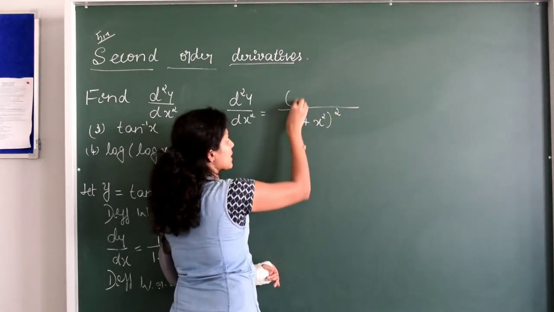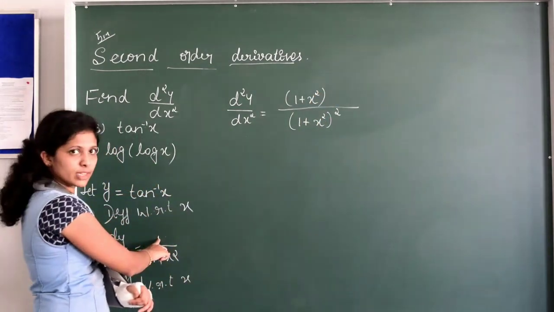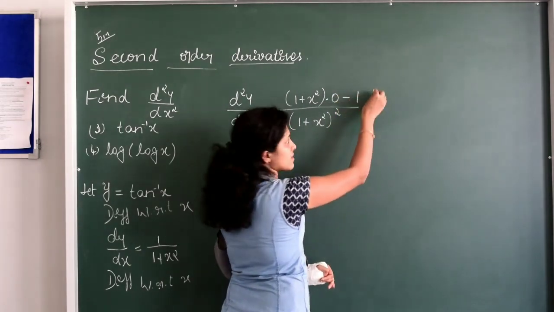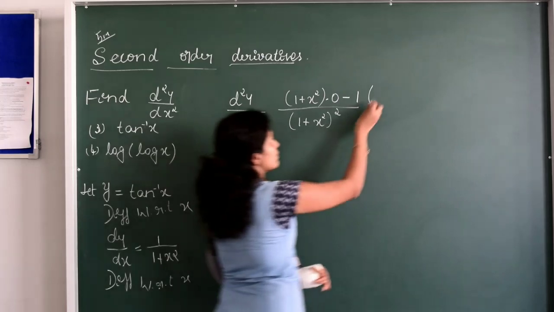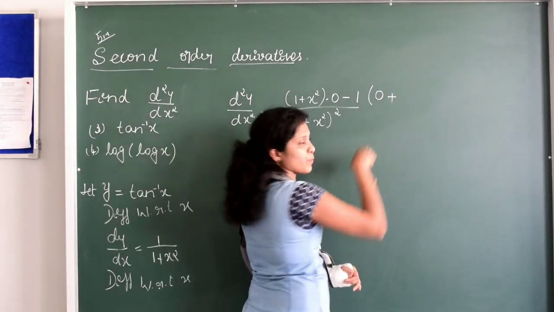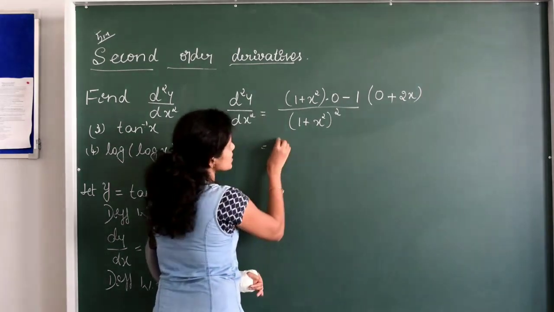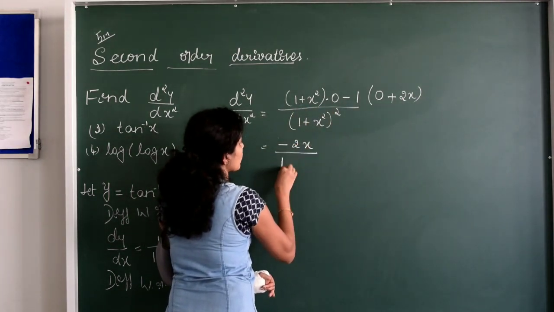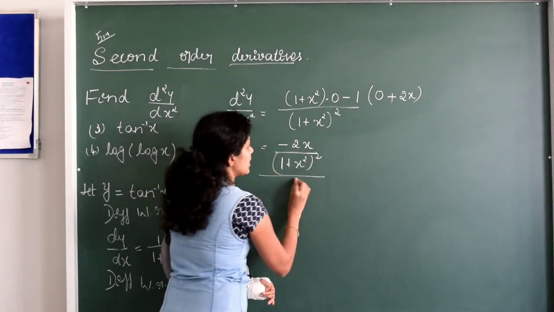Now we treat 1 plus x square as it is, and the derivative of 1 with respect to x will be 0, minus, I keep 1 as it is, into the derivative of 1 plus x square. The derivative of 1 will be 0 plus the derivative of x square will be 2x. So this is 0 minus 2x divided by 1 plus x square whole square. So this is the second order derivative.